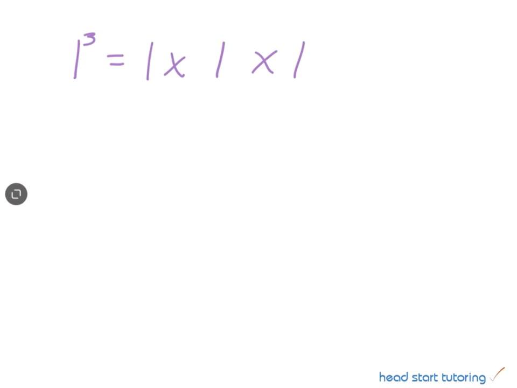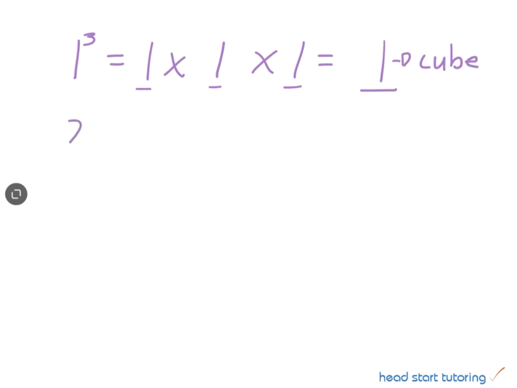When we cube any number, or when we put any number to the power of 3, we times that number by itself and then by itself again. 1 to the power of 3 is 1 times 1 times 1, and that will give us an answer of 1, and 1 is therefore known as a cube number.